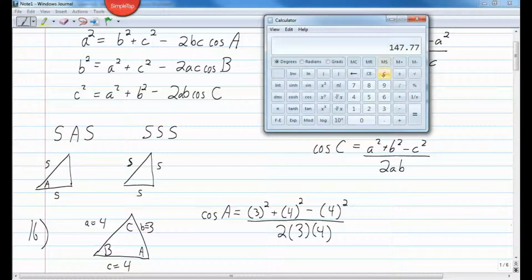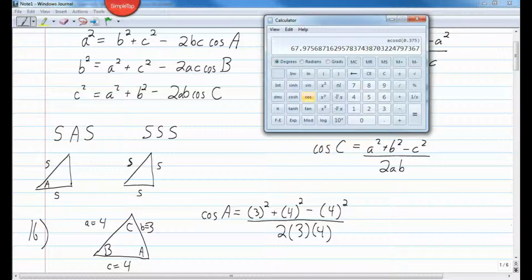All right, so punch that in your calculator. That's going to be 9 plus 16 minus 16 divided by, see, that's going to be 2 times 3 is 6 times 4 is 24. So now we've worked all this on the right side, so we say inverse cosine.